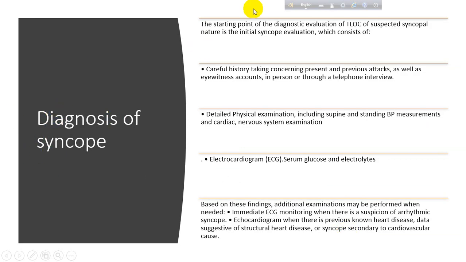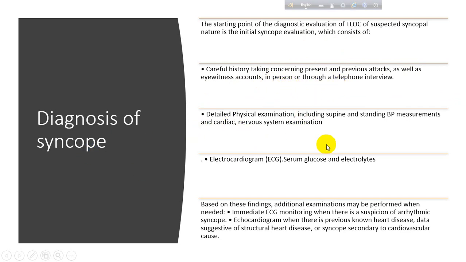Diagnosis of syncope. The starting point of diagnostic evaluation of transient loss of consciousness of suspected syncopal nature is the initial syncope evaluation, which consists of careful history taking concerning present and previous attacks as well as eyewitness account, in person or through a telephonic interview.